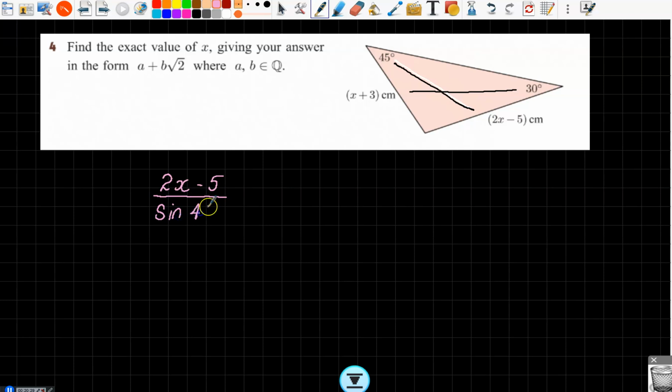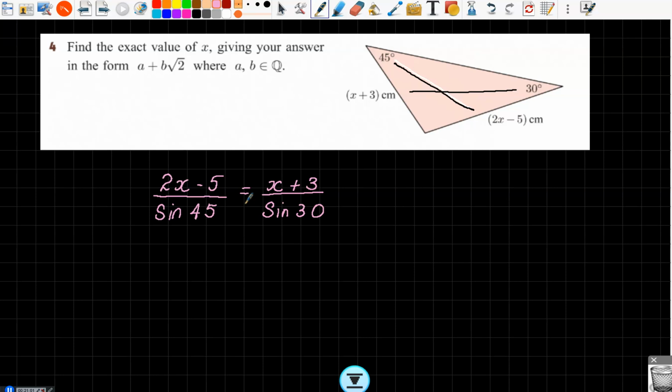sine 45. And then we've got x plus 3 all over sine 30. Now, apart from doing this year after year after year, I'm at an advantage of you because I know something about sine 30, sine 45, and in a couple of weeks you will know that too.